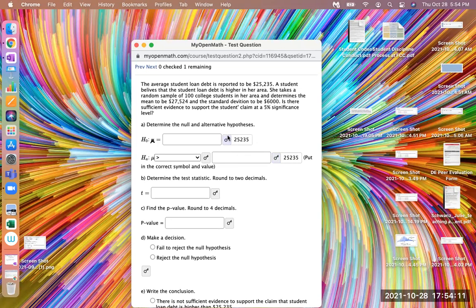And whatever number you put for the alternative hypothesis, 25,235, that's exactly the same number that you want. You could just copy and paste it right into the null, because those two numbers have to be exactly the same. And the variable, the mu, has to be the same as well.